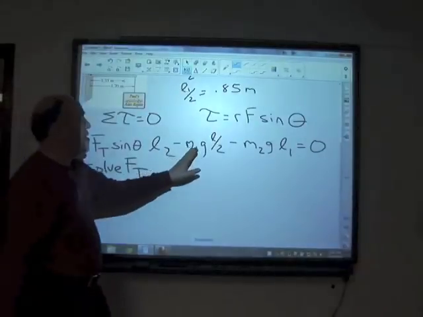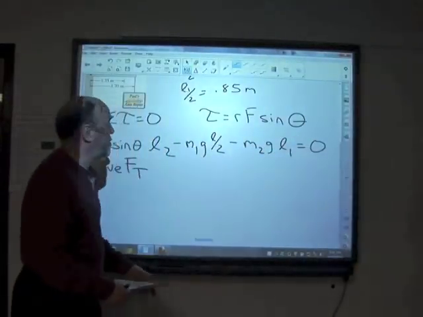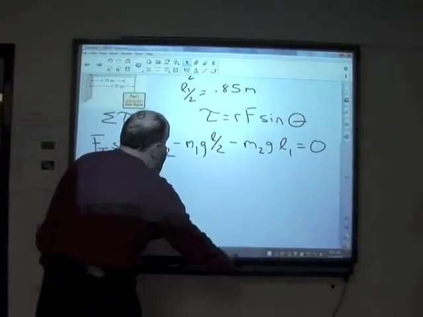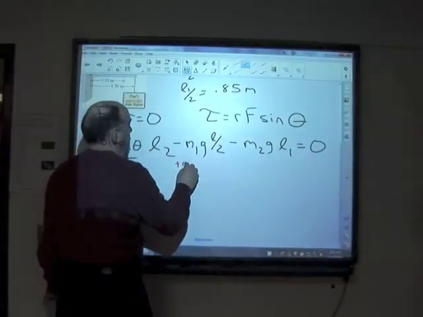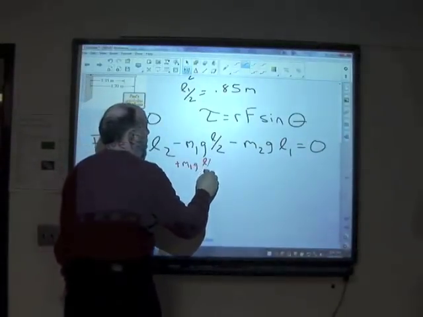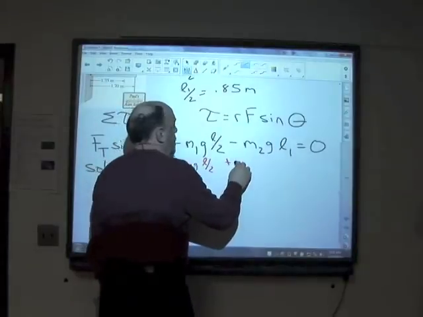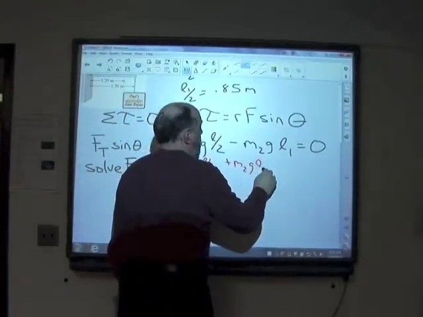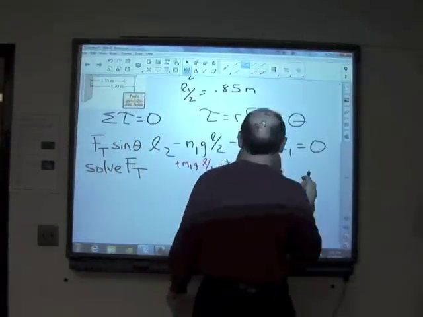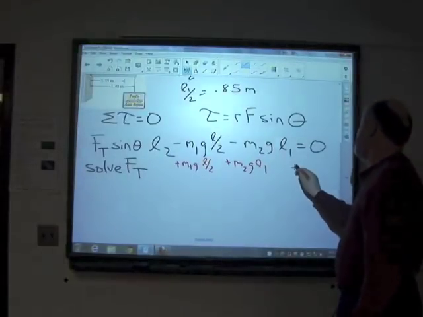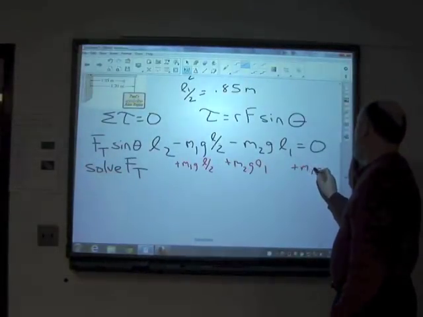And so I can take these two terms over to the other side, and I do that by adding. Whatever I do on one side, we have to do on the other side.